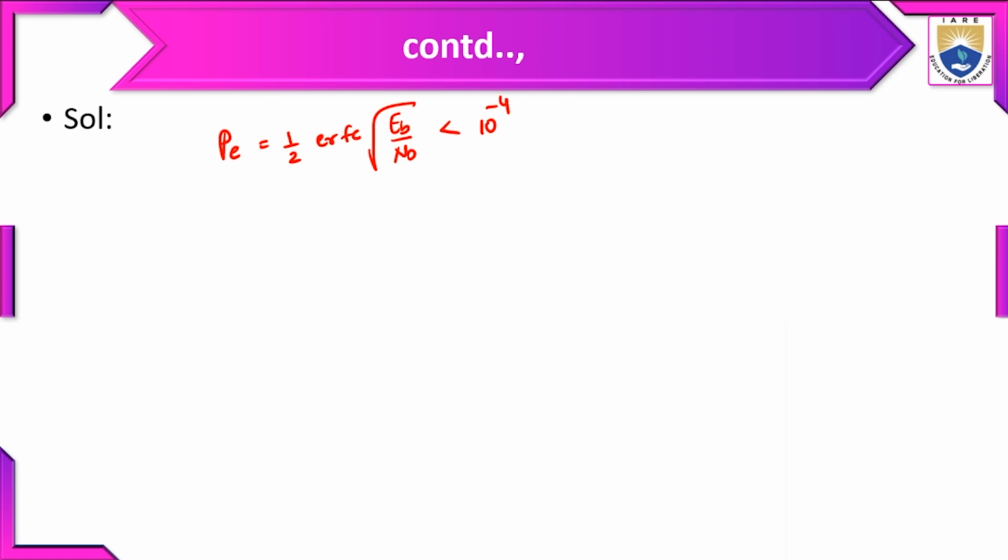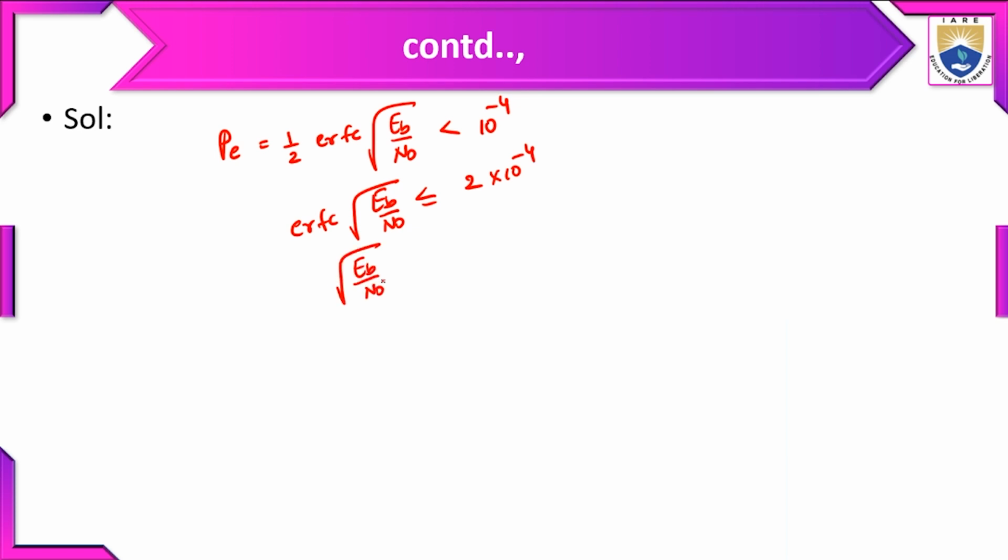The probability of error must be in this limit. So ERFC of square root of EB by N0 less than or equal to, you can send the left hand side 1 by 2 to the other side, right hand side is equal to 2 into 10 power of minus 4. Okay.